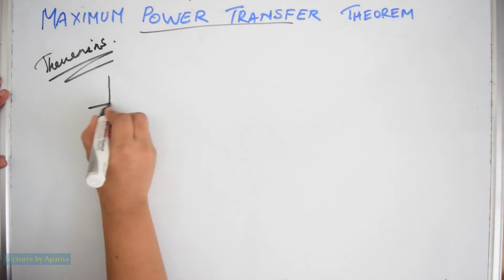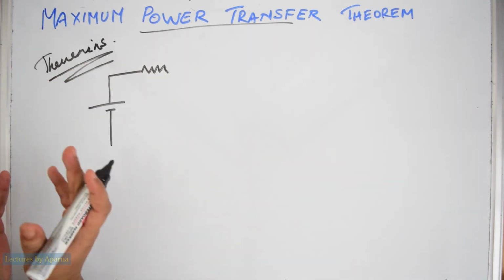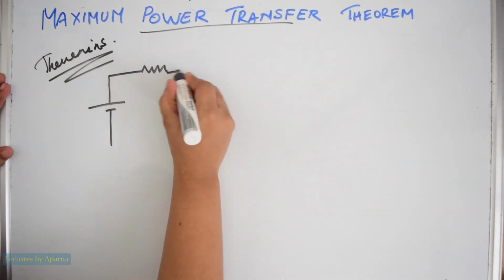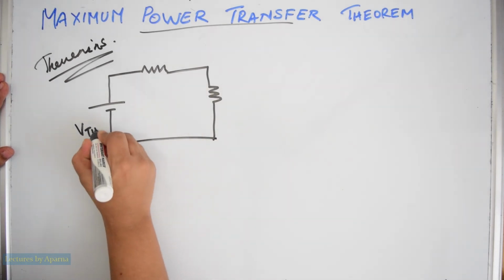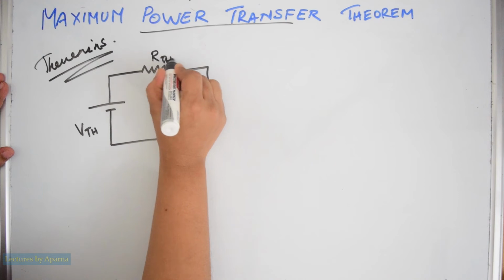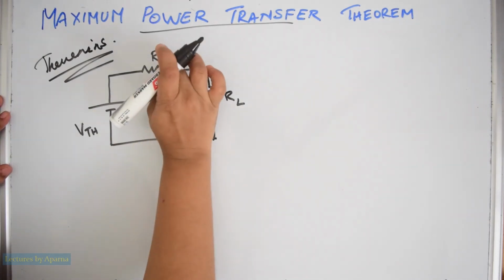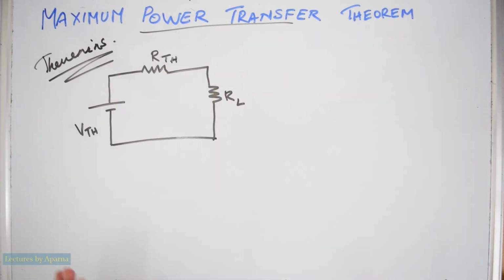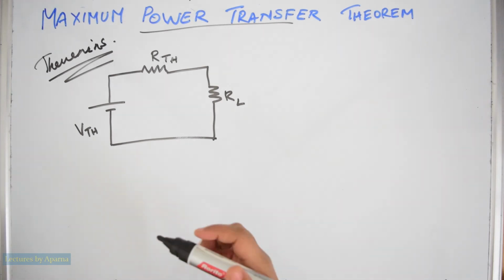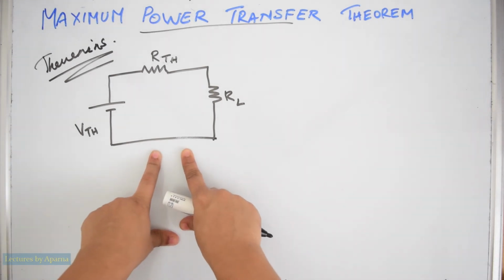If we have a Thevenin's network, we have replaced a big network with a Thevenin equivalent, which is like this. Let this be VTH, this is RTH, and this is RL. We have made a big circuit into its Thevenin's equivalent circuit like this.